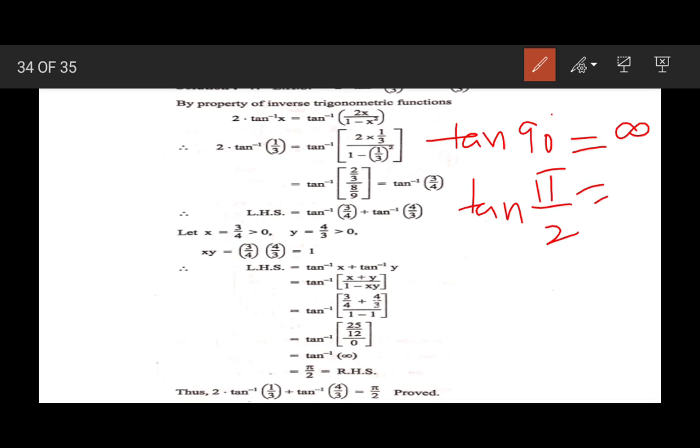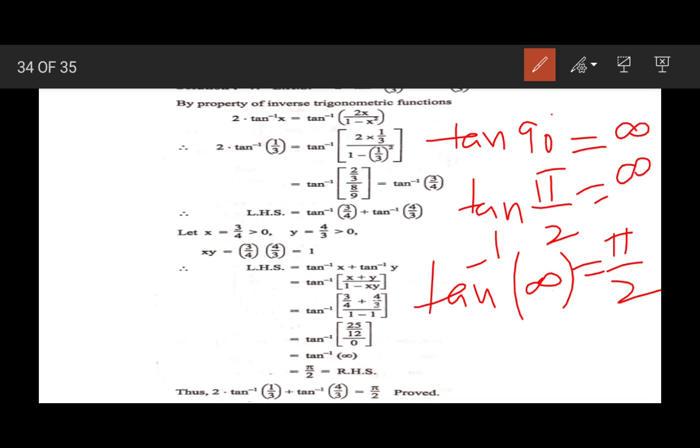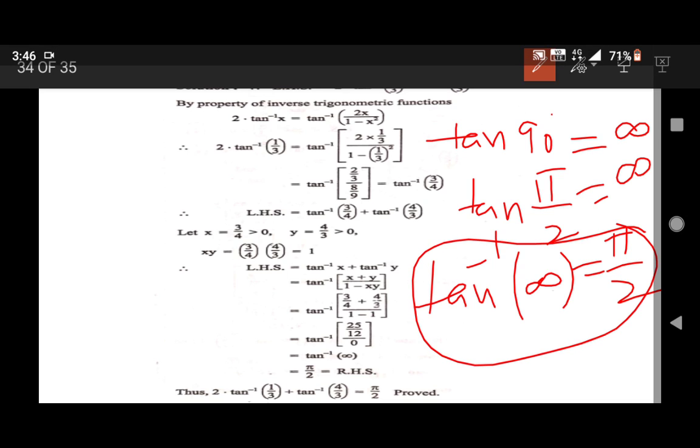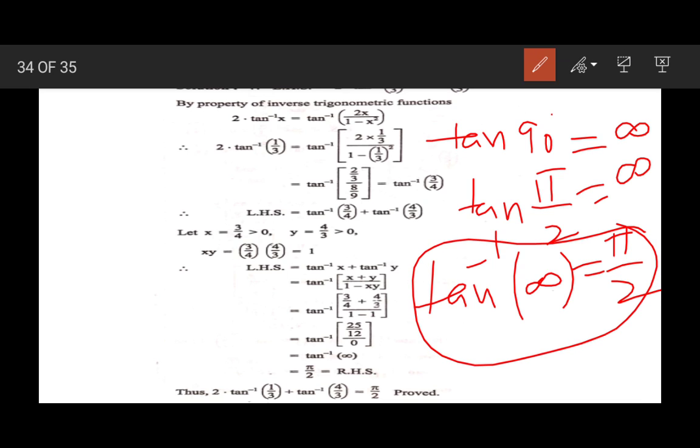So tan pi upon 2 is infinity, right? Hence tan inverse infinity is equal to pi upon 2, from the definition of inverse trigonometric function. So tan inverse infinity is pi upon 2, and that is equal to the right hand side. So hence 2 into tan inverse 1 upon 3 plus tan inverse 4 upon 3 is equal to pi upon 2. Okay.